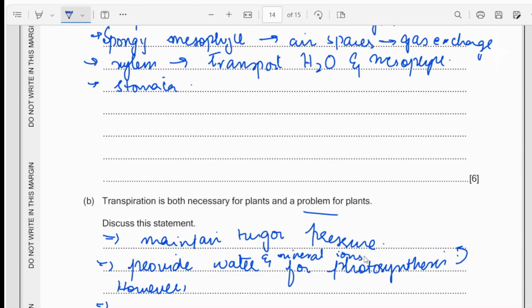Okay, what are the disadvantages? Number one, excessive water loss can be there, right? Especially in hot weather, which leads to wilting. Exactly.